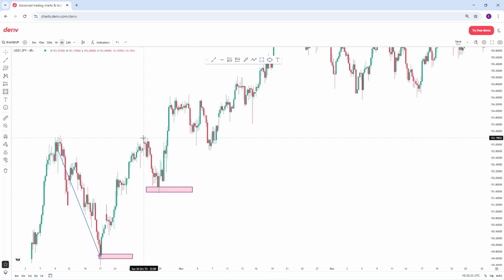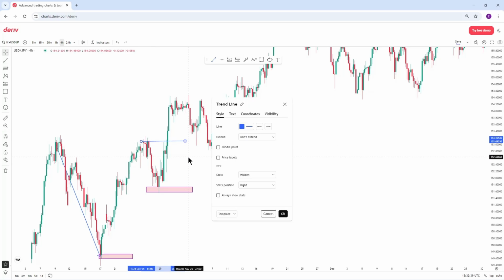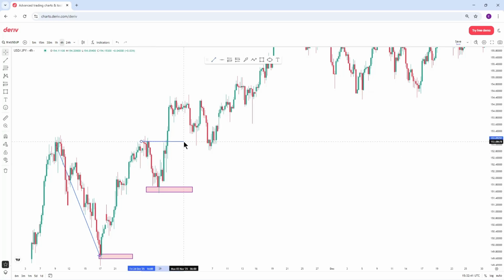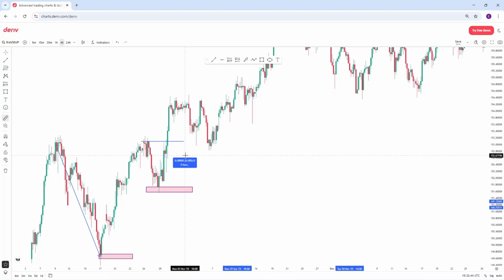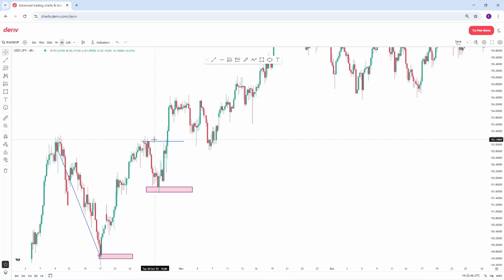We mark this high, mark this high. What happened here? The market closed above here. See this buying pressure above, came all the way here.